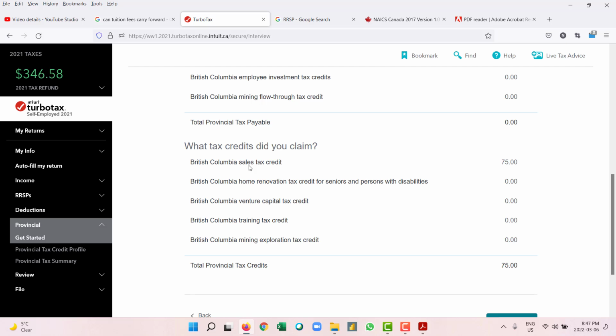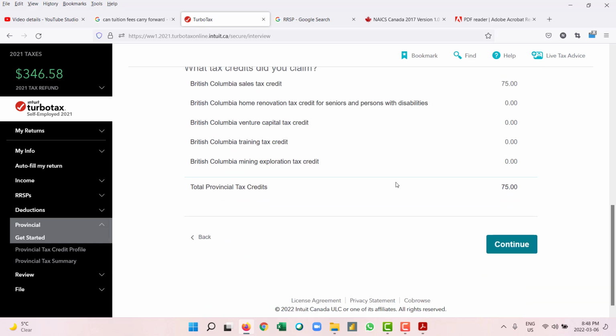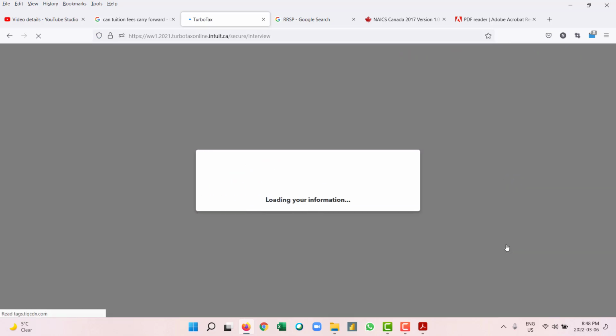You can get a receipt from Walmart, and they deduct 5% of your total sales amount as GST and HST, and for the GST amount they refund $75. That's why it's 271 plus 75. It is now 346, it matches. Okay, click continue.